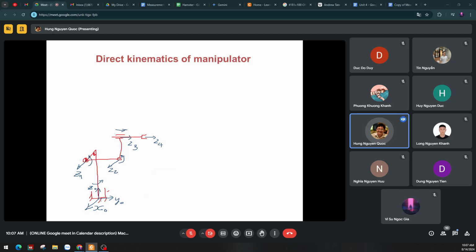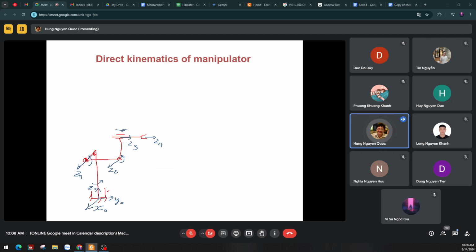So how do you choose X1? X1 should be perpendicular to Z1 and Z0, and if Z1 and Z0 intersect, then X1 should also go through the intersection point. So where is X1?